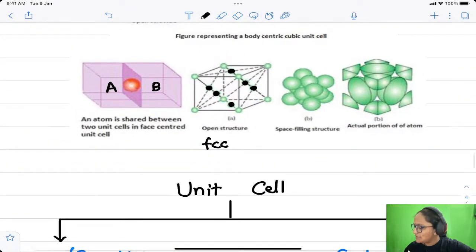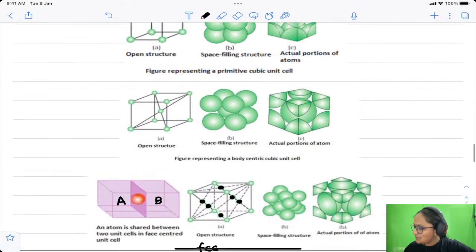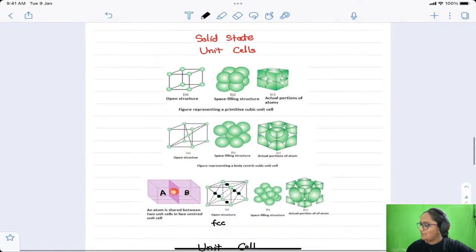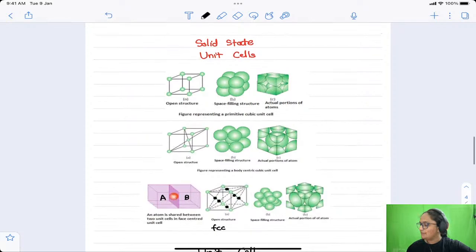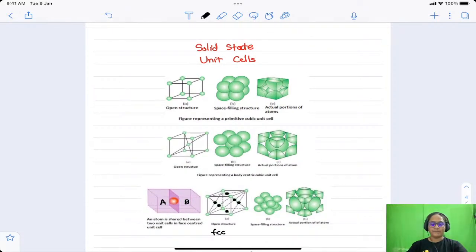Just take a screenshot of this page first of all, and then I will explain a few more things related to these unit cells.